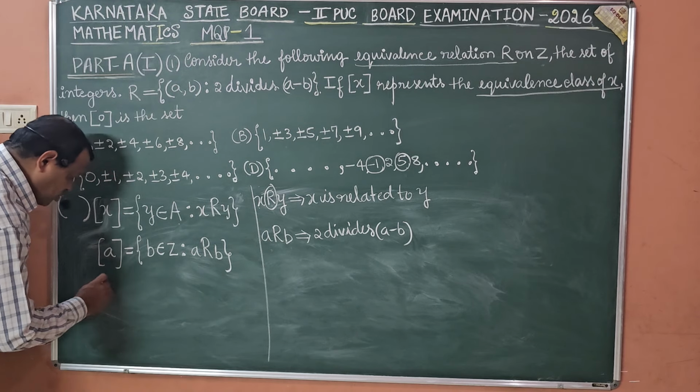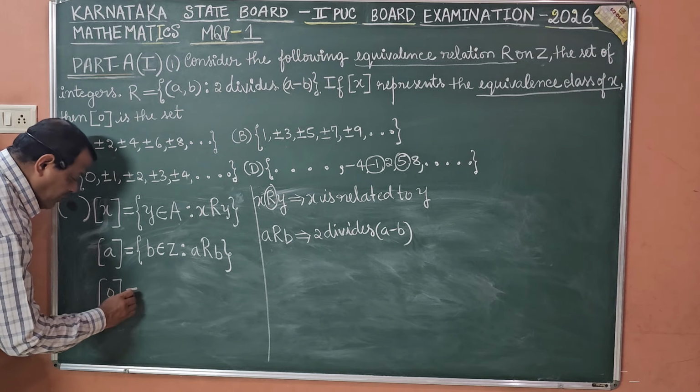Now we go for substituting A equals 0. So put A equals 0.